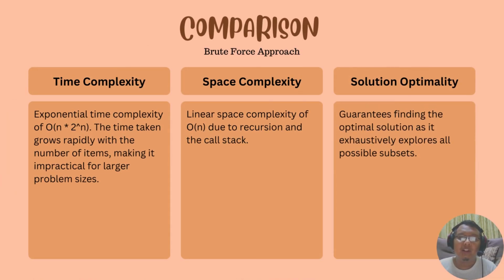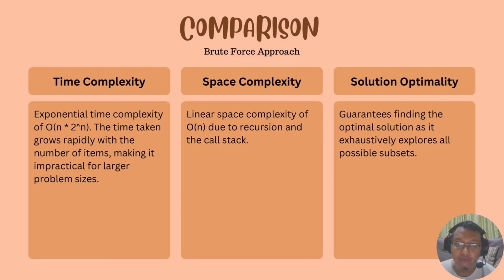Okay, let's talk about a comparison when it comes to the brute force approach to solve the knapsack problem. When it comes to time complexity, the brute force approach generates all possible subsets of items, which requires enumerating 2 to the power of n subsets, where n is the number of items.